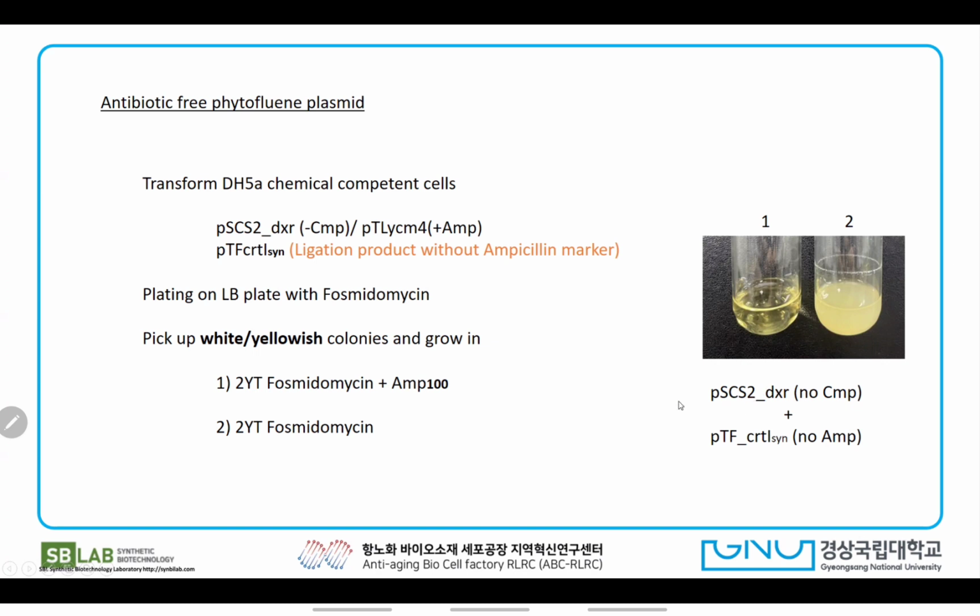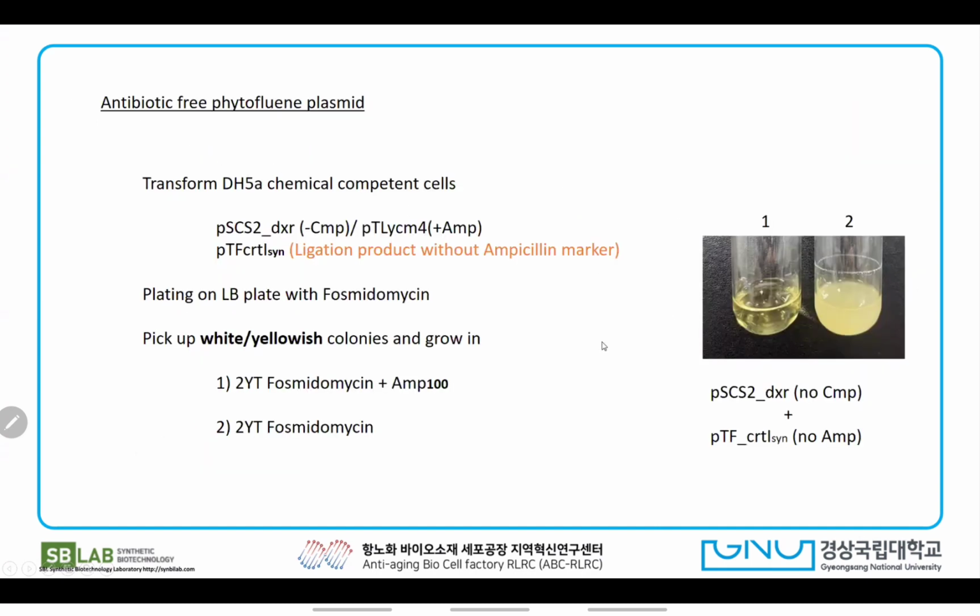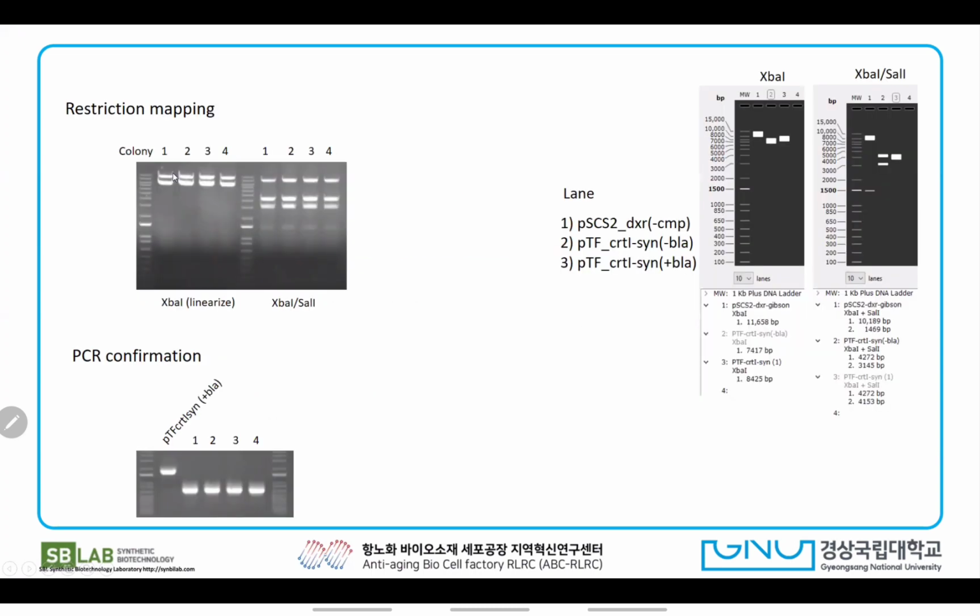From here, we chose 4 colonies from the plate resulting from this transformation, extracted the plasmid and linearized it to see the plasmid composition.